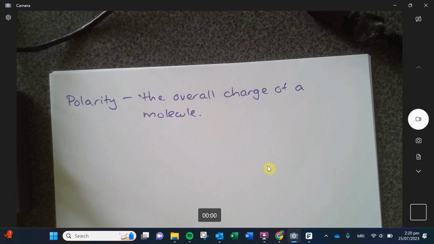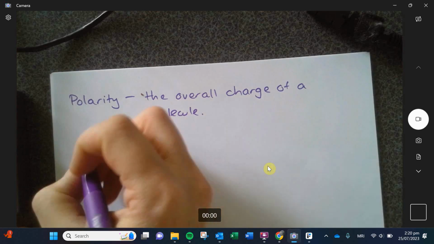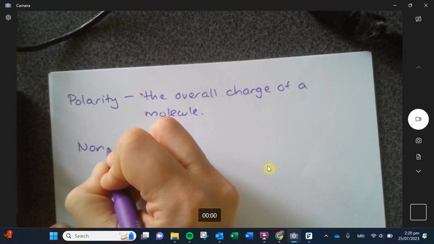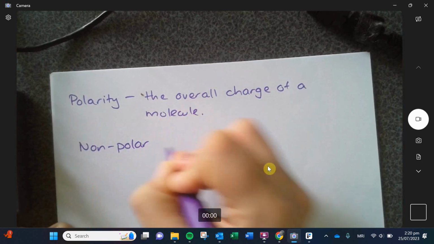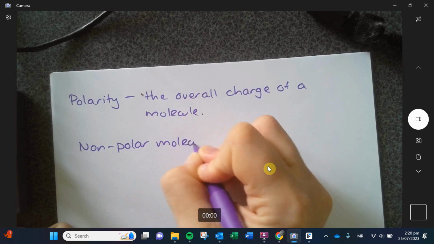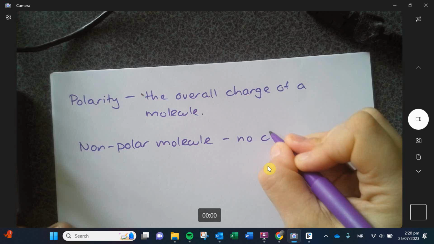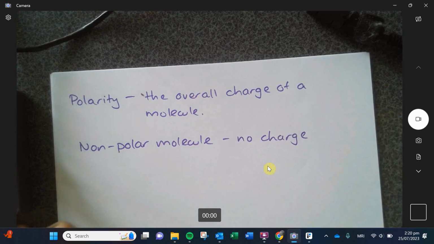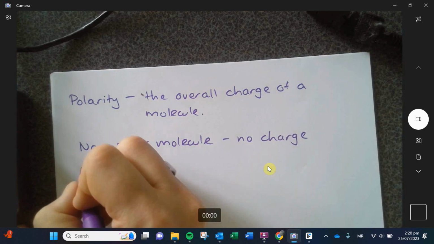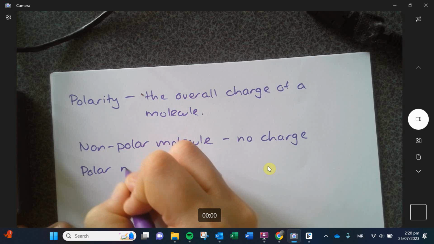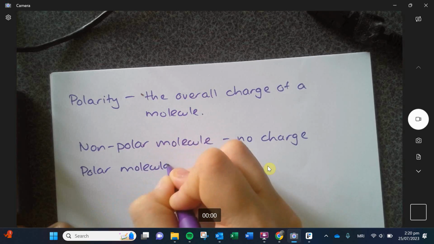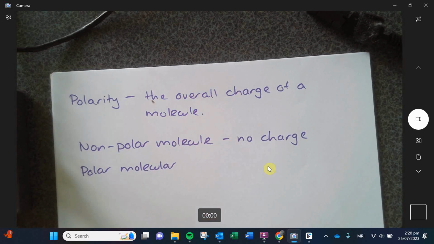The first one is a molecule will be nonpolar, which means that the molecule has no charge. Or a molecule could be polar, which means that it has a slight negative and a slight positive end.